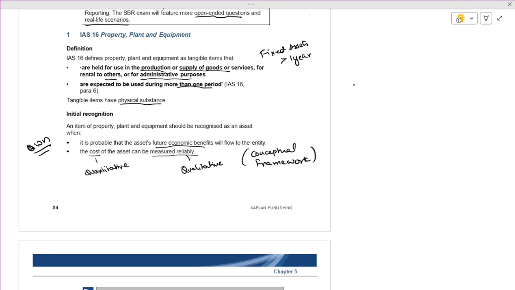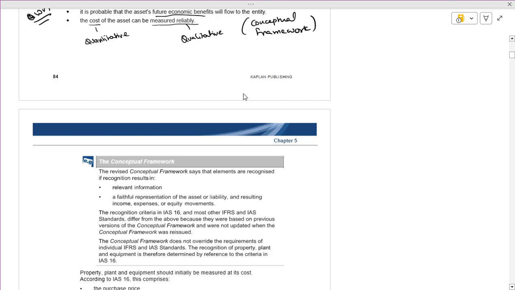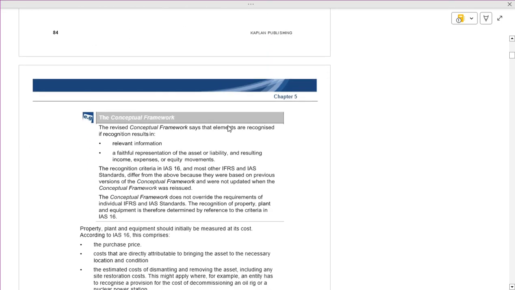Once you go through this lecture, automatically you will have more clarity. What does the conceptual framework say? It says that the elements should be relevant and a faithful representation. We say it is going to be true and fair.